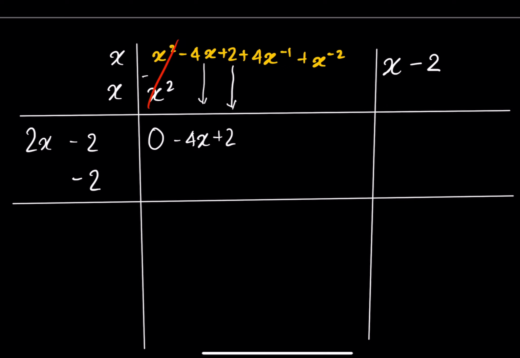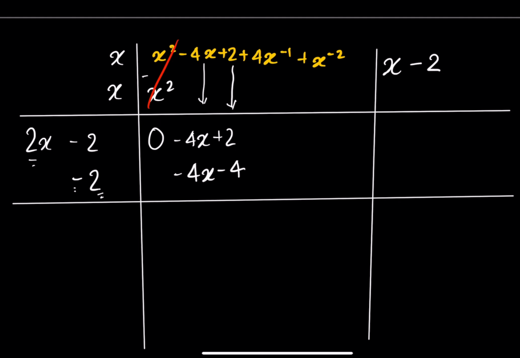So what is 2x times 2? 2x times 2 is 4x, and times minus 1 gives us negative 4x. And then what's negative 2 times negative 2? Negative 4. So we're going to write that down right here.